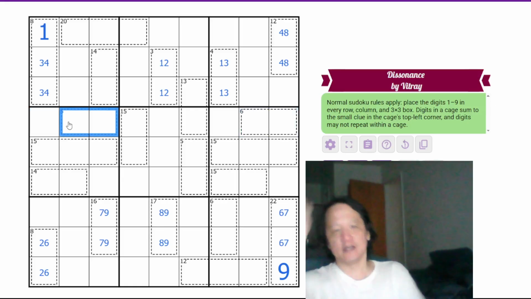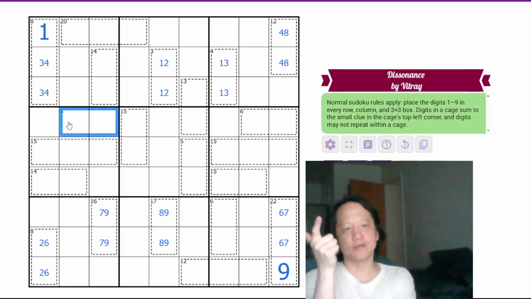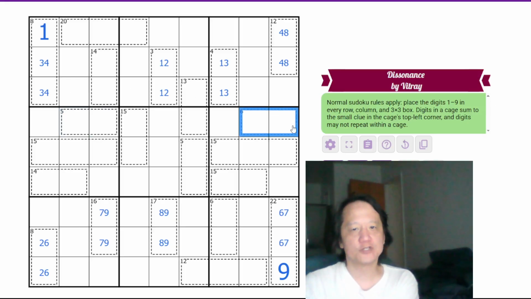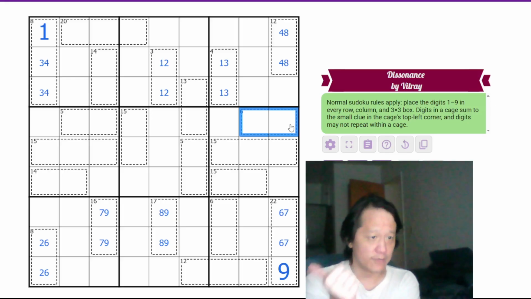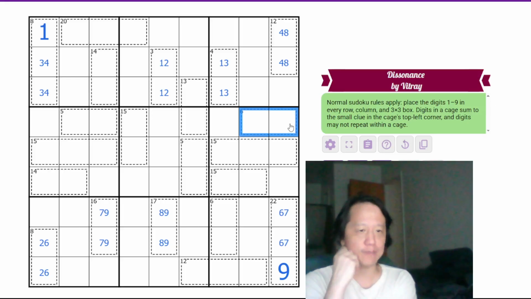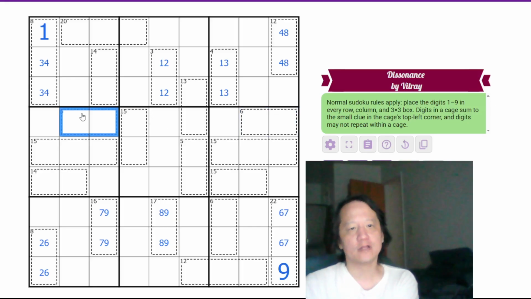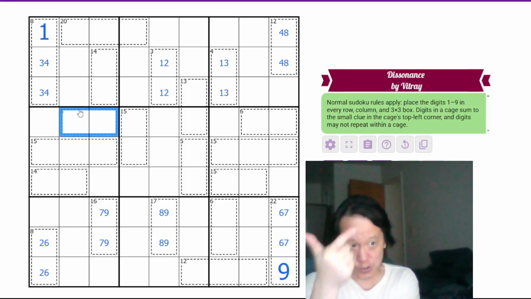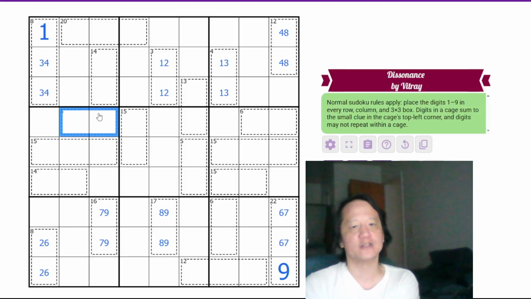So 5, you have 1 and 4 and 2 and 3 adding up to 5. For 6, you have 1 and 5 and 2 and 4 adding up to 6. Well, if we try to have 2, 4 here, that would eliminate 1, 4 and 2, 3 in this 5 cage here. And that's not allowed because we would not have any possibilities now for this cage.